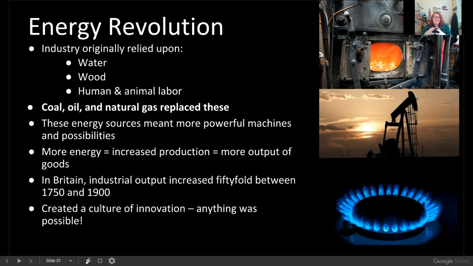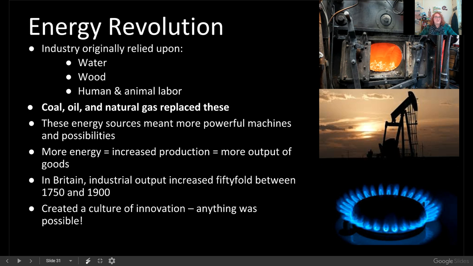So this created an entire culture of innovation that meant that anything was possible. You take how much coal and oil is used today, we use it in just about every single form. If you take a barrel of crude oil, that's how you make plastics, right?